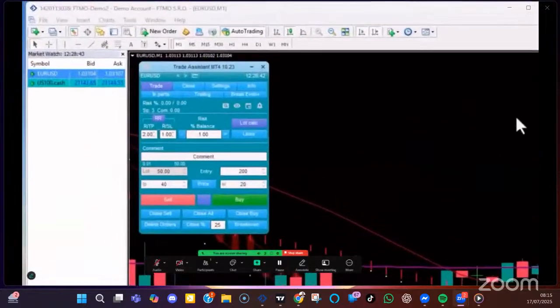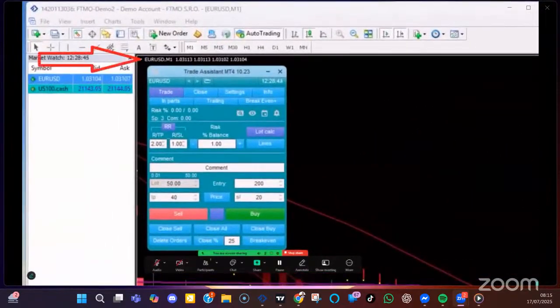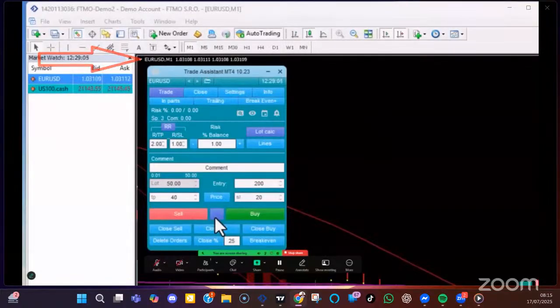So here you can see we're on the Euro USD chart. I've got my risk to reward on the Trade Assistant locked at 2 to 1. I've got my risk balance at 1%. Lot calculator is on, and my little purple button here between the buy and sell is also activated. So we're ready to bring the Trade Assistant onto the chart.